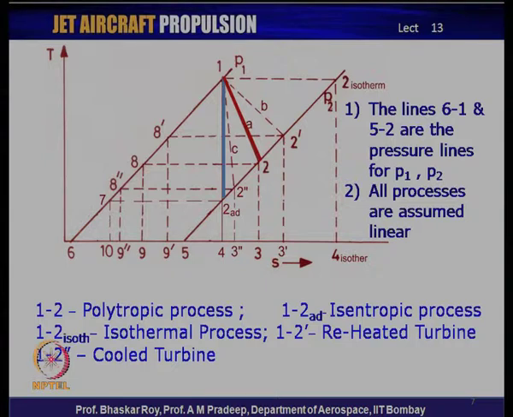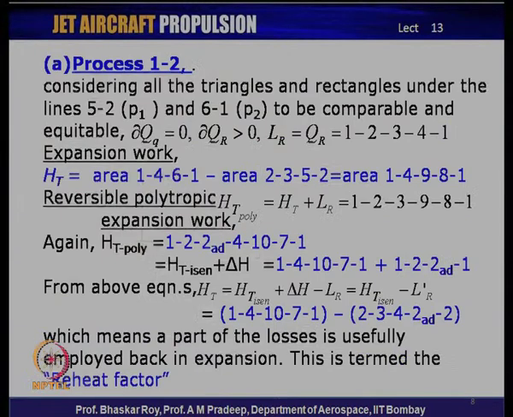Now, let us take a look at the situation, let us say 1 to 2, which is the polytropic process, what we call a realistic polytropic process, the case A. Now, if you look at the case A, we have already assumed that all the paths are actually linear.